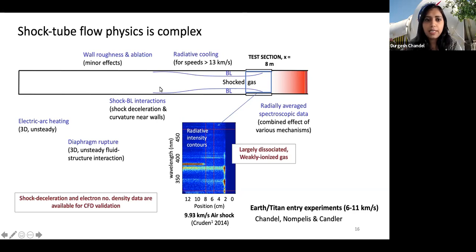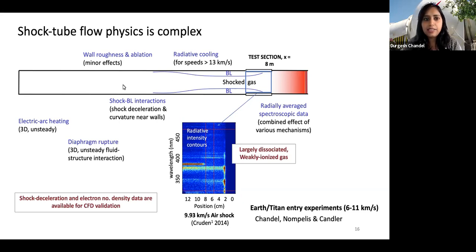And my main focus was on capturing the shock boundary layer interaction, basically quantifying the shock deceleration due to the presence of the boundary layer. I will not go into too much detail, but a conventional way can be to model the full shock tube and resolve all the length and time scales which are important. Researchers have been trying to simulate this facility since 2009.